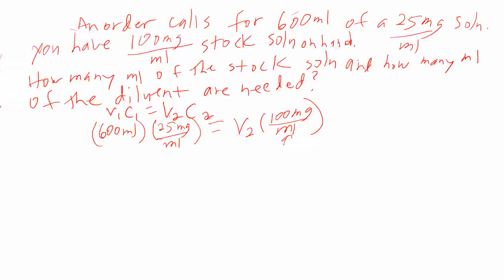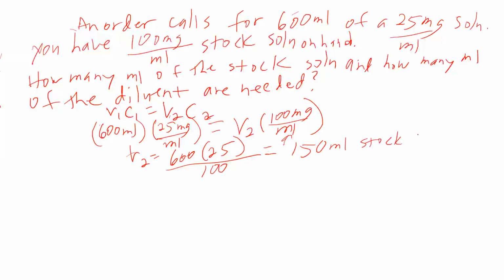First we'll figure out V2. V2 is 600 times 25 over 100, and that is 150 mils of stock solution.